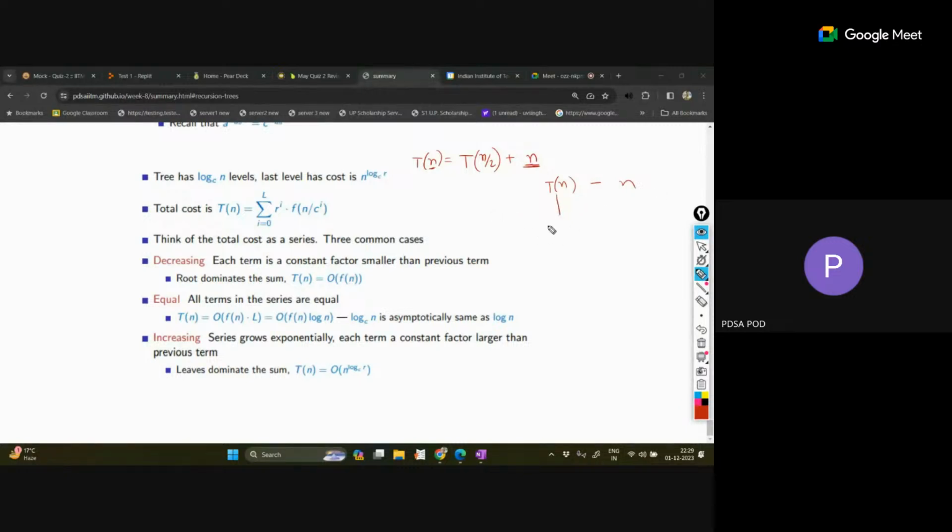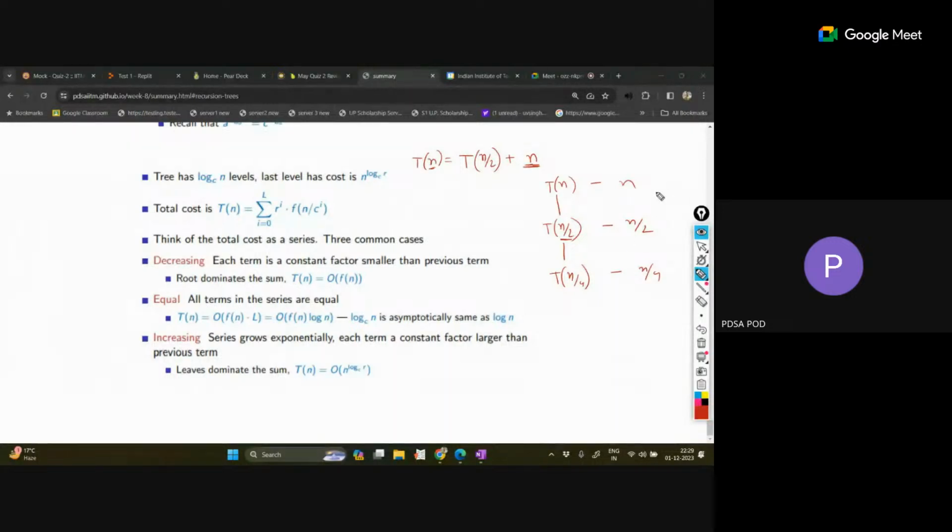Next time we are getting T(n/2), so we are giving n by 2 size input, which means the partition process will take n by 2 in the next step. At the next level we pass T(n/4), and partition will take n by 4 time, because partition is just a process of shifting all elements before or after the pivot. So if we have n by 2 elements, it will take n by 2 steps. This is based on the input size.